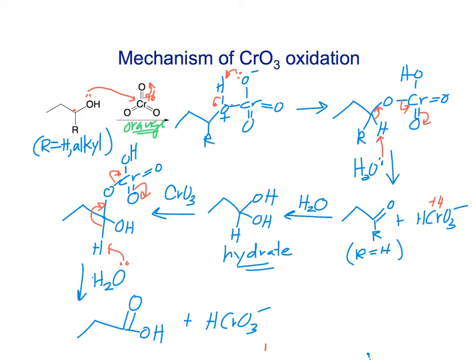Okay, but the chromium 4 species over here is green. All right, and so we can see the progress of the reaction by this change in color. And in fact, it shows in your text how they use this color change as a test for alcohol on people's breath if they've been drinking and driving, perhaps.